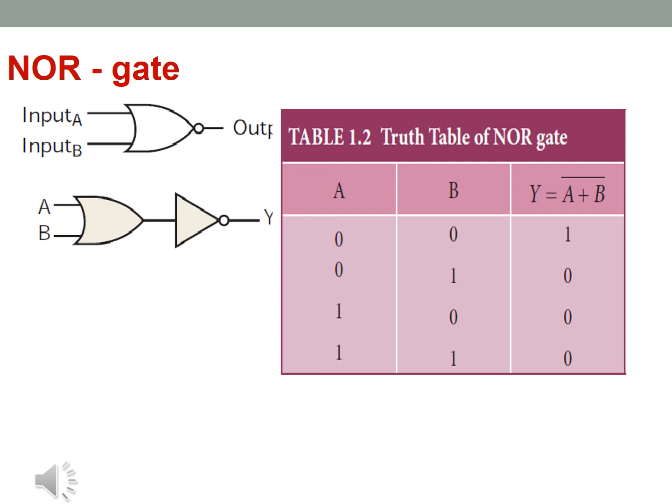As we are taking two input variables, how many combinations will come? 2 squared, that is 2 power 2 combinations will come.